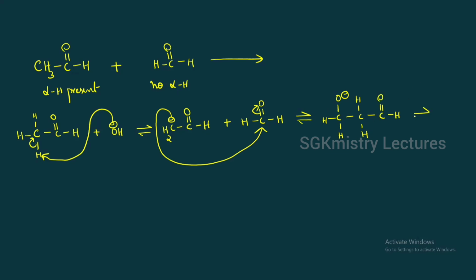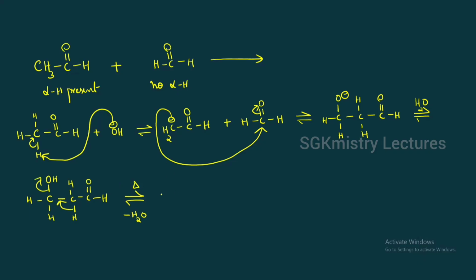Right? So now in the presence of water, what you're going to get? Here this becomes OH, H and H. So here C, H and H is present, and then we have the CHO. Now it can also lead to the loss of a water molecule. So the water molecule can be lost on heating, right? So this can shift here.